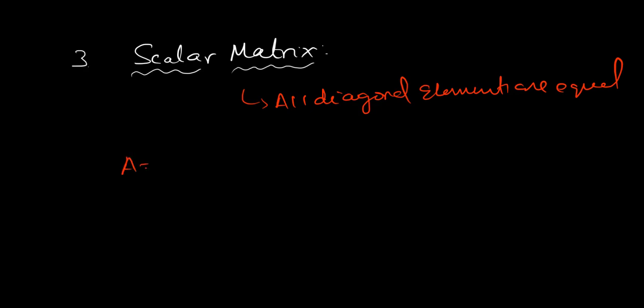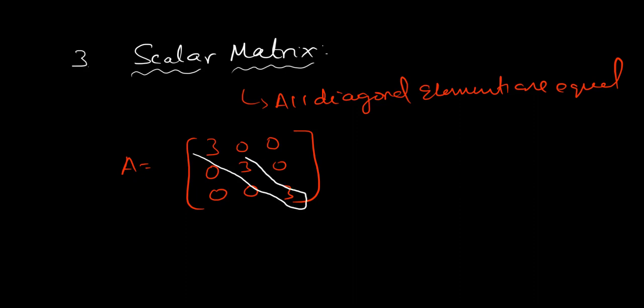If we take A is equivalent to 3 0 0, 0 3 0, 0 0 3. We can see clearly that the diagonal is equal, 3 equals 3 equals 3. So this is going to be called a scalar matrix.